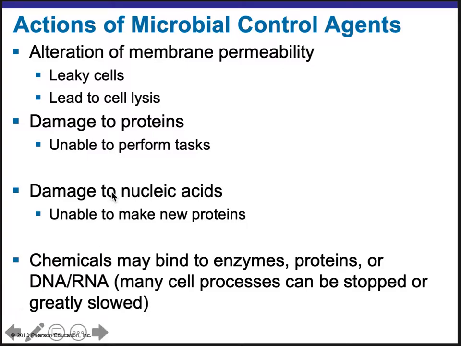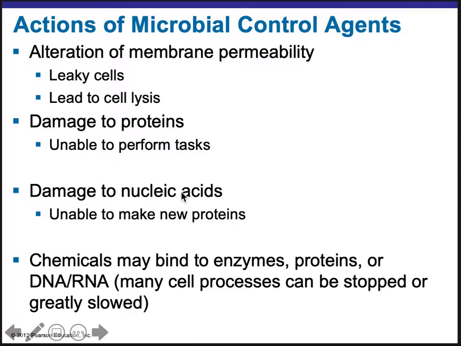Okay, so if you damage the genetic material, then you remove the ability to make new proteins. So it does not necessarily cause an immediate death like we see with the leaky cells. But it can just lead to a very slow death. It really depends on how much damage you've done to the nucleic acids. So a lot of times these are static methods, but sometimes they are actually cidal.